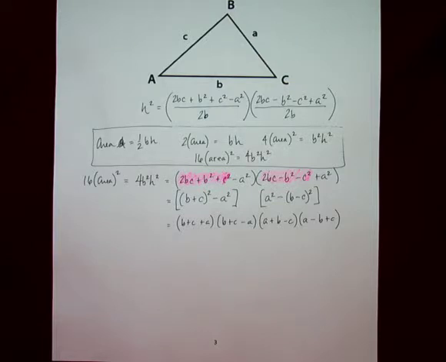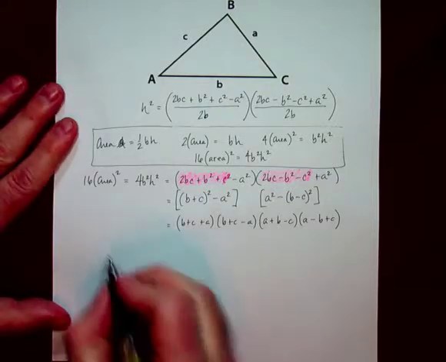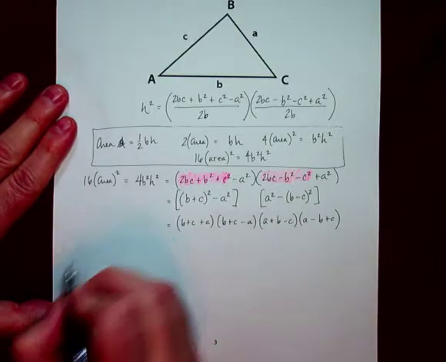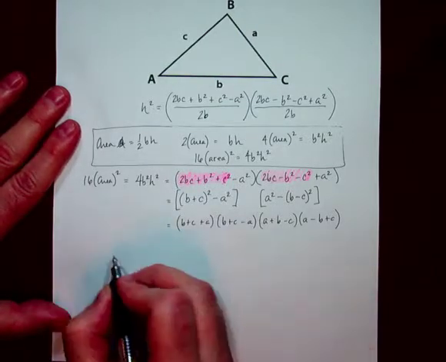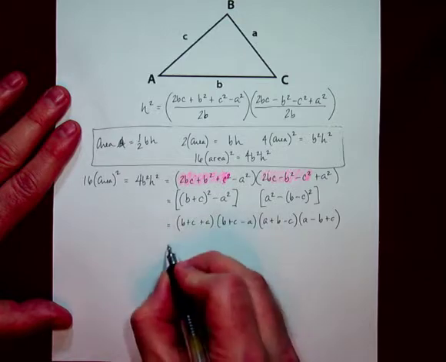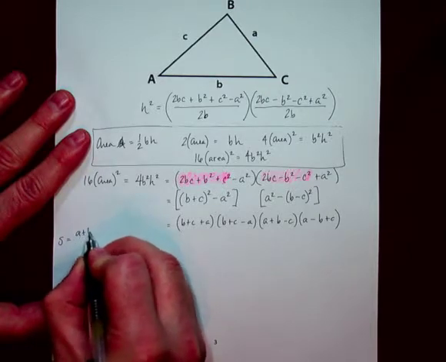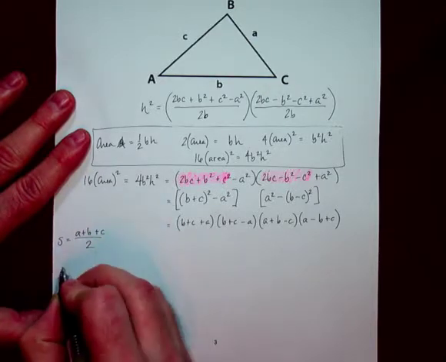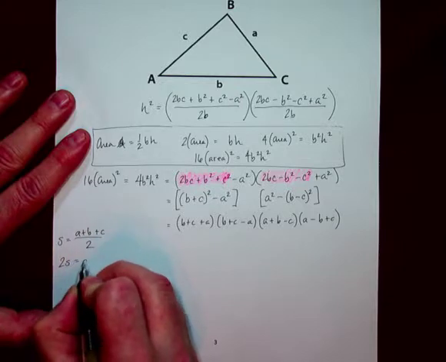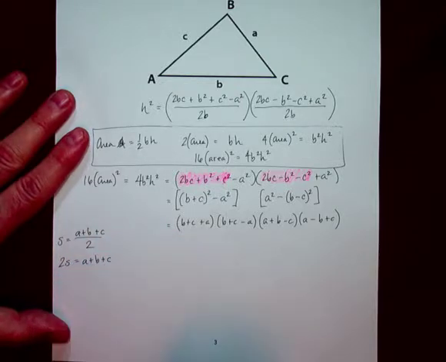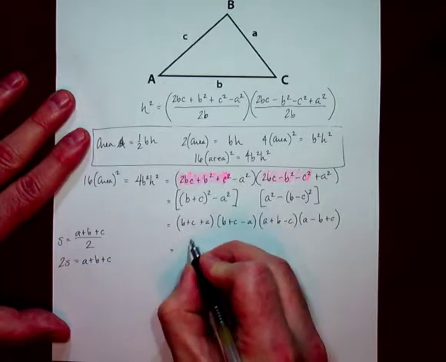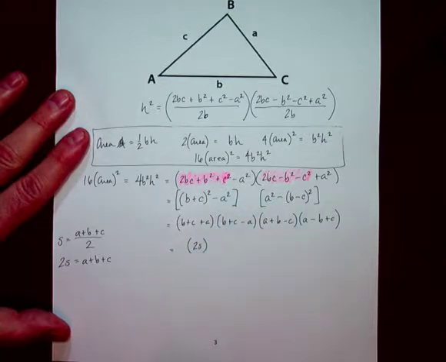Now, remember that when we're dealing with this, we are defining the semi-perimeter as S. S is half of the perimeter. So if S is equal to a plus b plus c over 2, then 2s is equal to a plus b plus c. Well, that makes easy work out of that one.